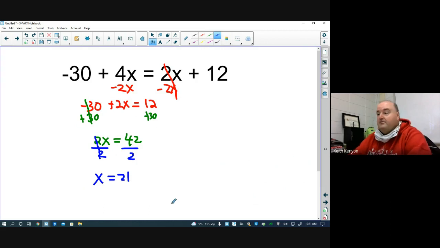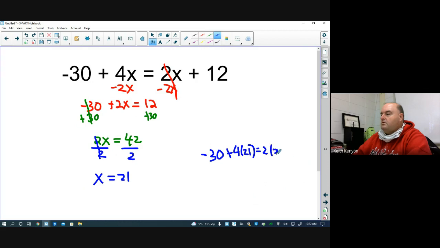So I'm plugging this back in. This is going to be a little bit more work because that x is such a large number. So here we go. So negative 30. I probably have to use a calculator. And then I'm going to have 4 times 21. I plug that back into x. And then I'm going to have 2 times 21 plus 12. All right, so negative 30 stays negative 30. 4 times 21 is 82.